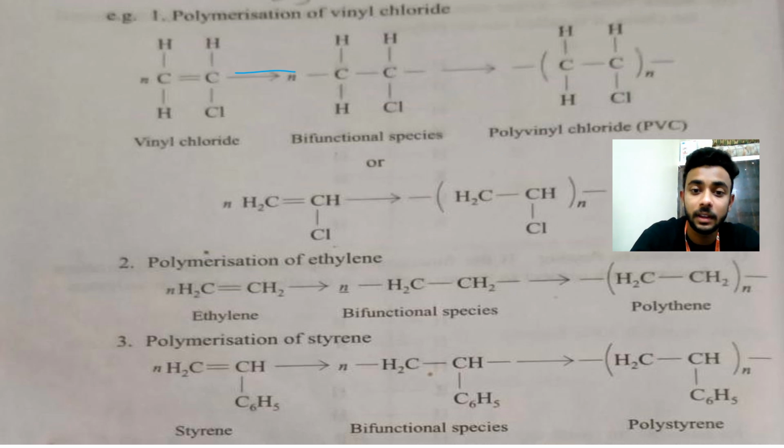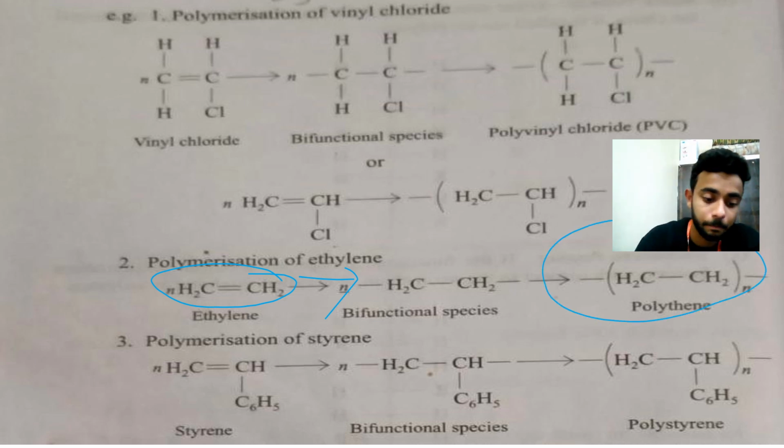The next example is the polymerization of ethylene. This is the ethylene compound, and it goes through chain growth polymerization and forms polyethylene.